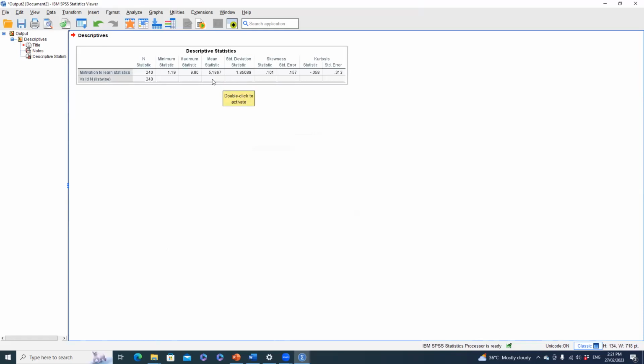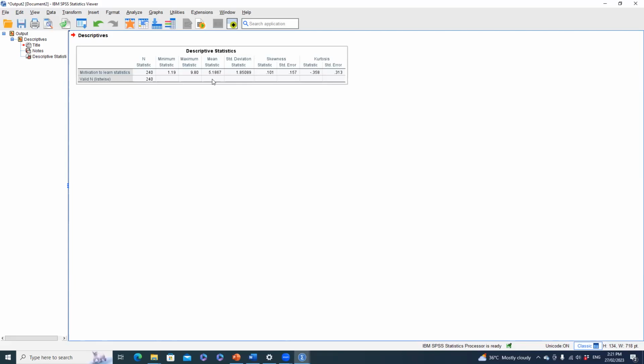You'll remember that we had a score range from 1 to 10 for our variable motivation to learn statistics, and we have a mean now of 5.19.